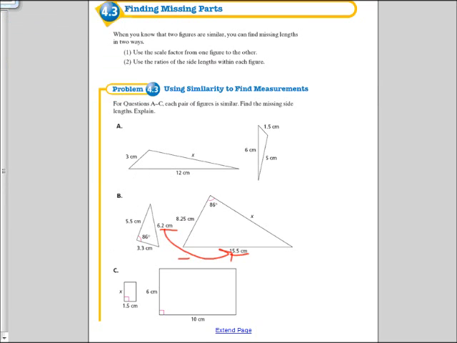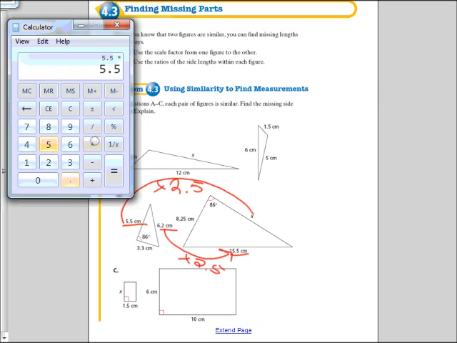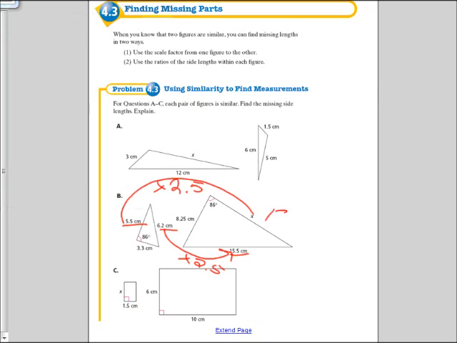From here to here, I multiply times 2.5. All right, so I would just be able to figure out that this middle one matches up with x. So times 2.5, that's actually going to give me my answer, which is 5.5 times 2.5, 13.75. That's what we're looking for.